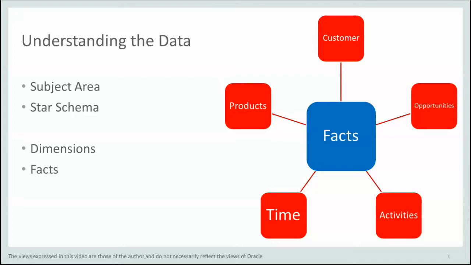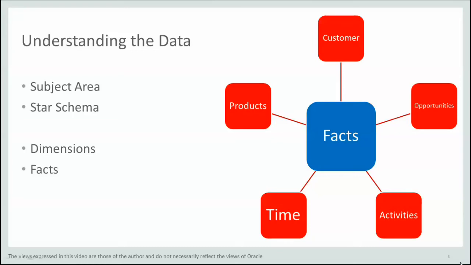For instance, I could use this star schema or subject area to make the following reports. A report containing the number of open opportunities for a segmented type of customer that is considering to buy a specific type of product.